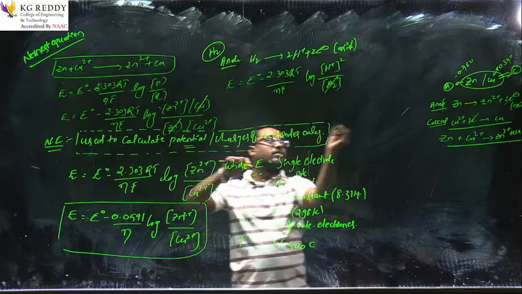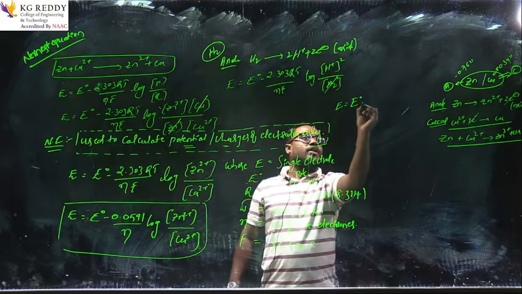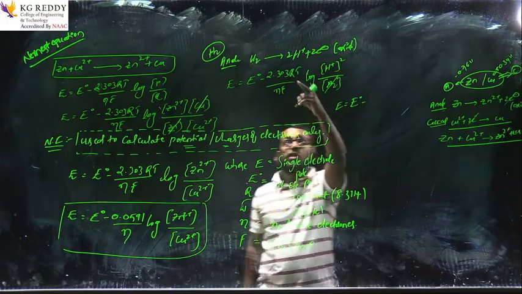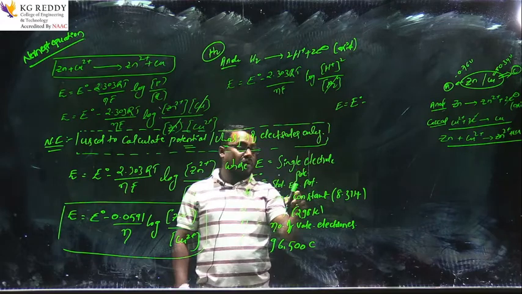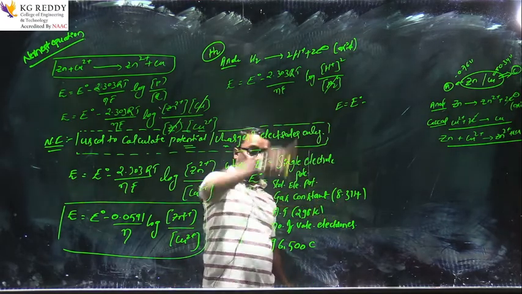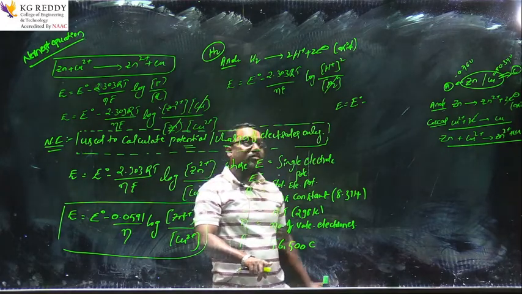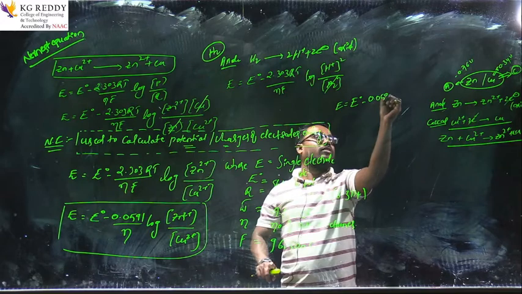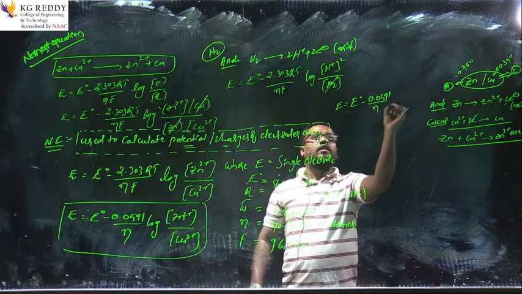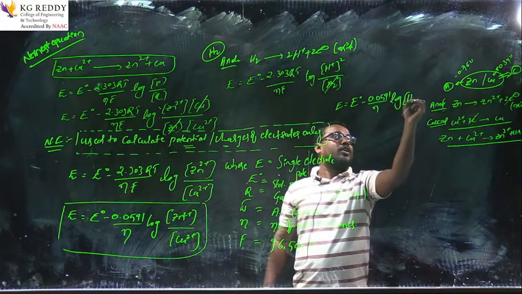So this equation will become E equal to E naught minus. Can we substitute all the R value, T value and F value? You can substitute. R value is 8.314, absolute temperature is 298 Kelvin, and Faraday is 96,500 coulombs. Then the equation will become 0.0591 by n, log of concentration of H+.